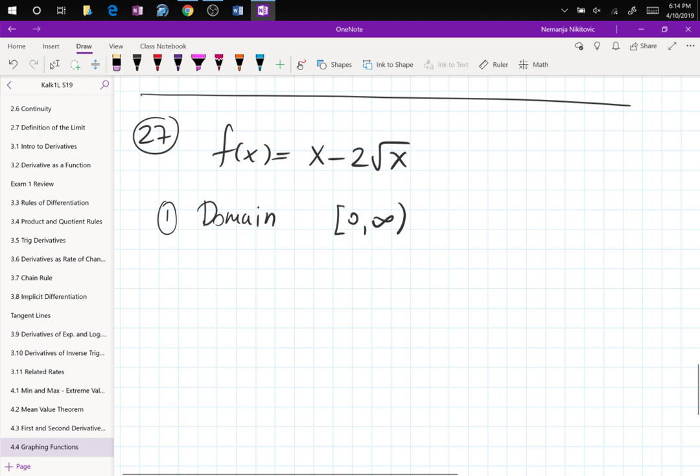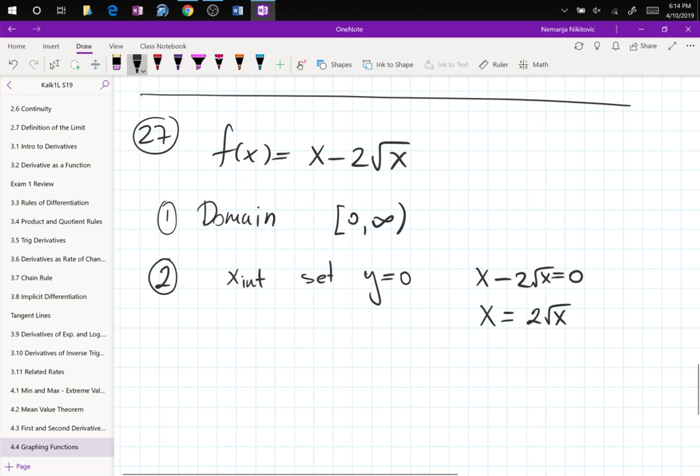Great. Let's go with number 2, intercepts. X-intercept, set y equal to 0. And you have to solve the equation x minus 2 root x equals 0. How do we solve this? Well, we say x equals 2 root x, right? You move the root x to the other side. Square both sides. And you get x squared is equal to 4x.